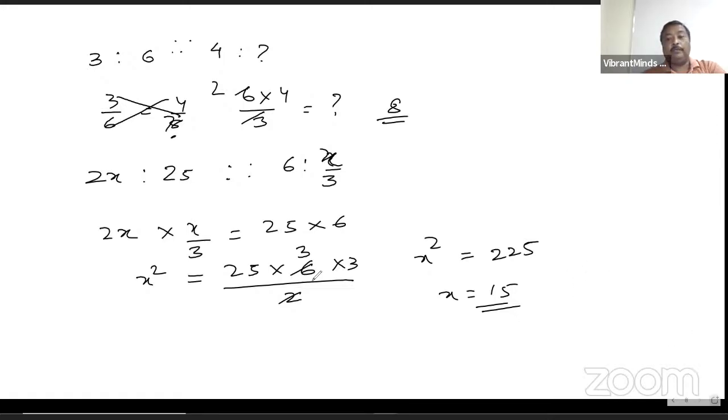Now see, in proportion, we have continued proportion also. Now, what is a continued proportion? Just see.